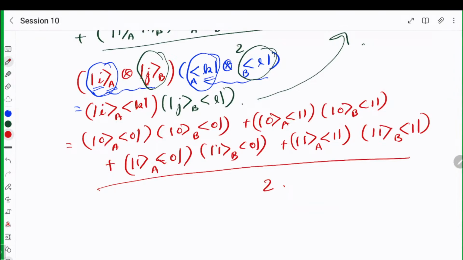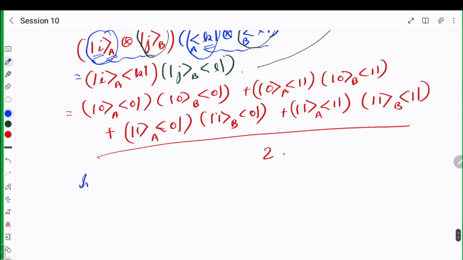Now, in order to find the state of qubit A, you just take a partial trace.